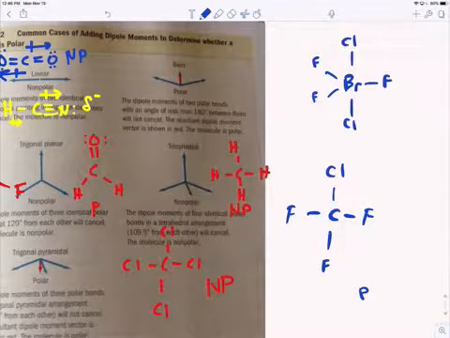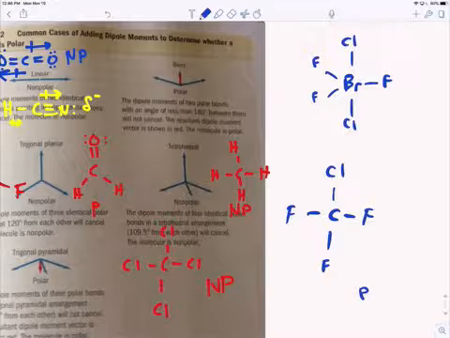So the three fluorines are in the plane, and they're all the same. So the equator, the equatorial position, that's nonpolar, and then the chlorines above and below are the same. Therefore, that's nonpolar along the axial positions. So that molecule as written is nonpolar.